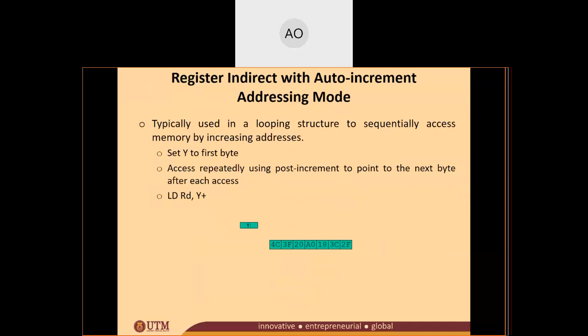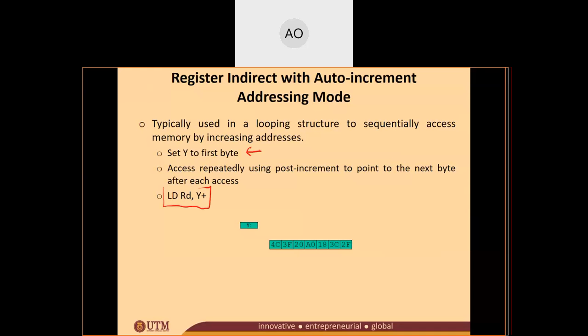Okay, so this auto increment is typically used in a looping structure to sequentially access memory by increasing the address. Set Y for the first byte. Similarly, you need to set your pointer register so that it points to the address that you're going to store to or load from. Access repeatedly using the post increment to point to the next byte after each access. This is an example using LD.